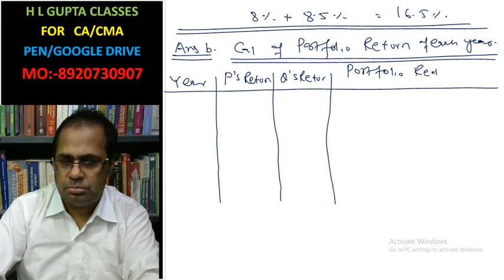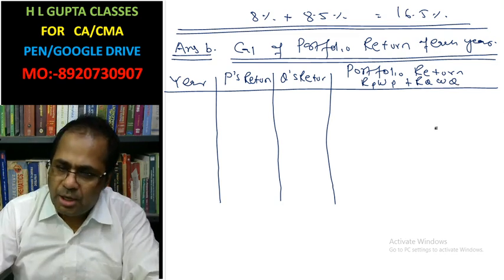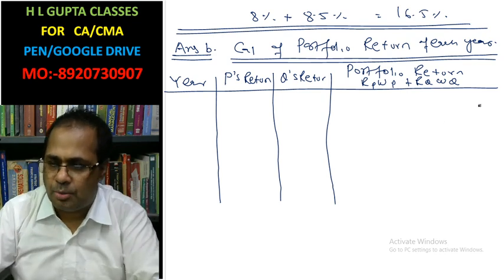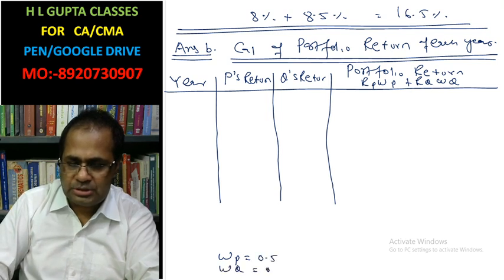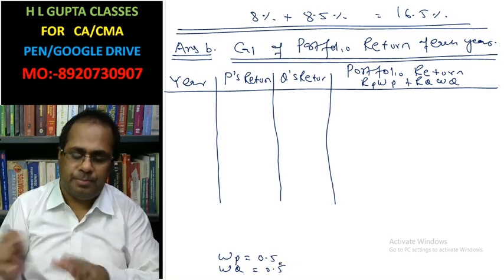Portfolio return is return of P times weight of P plus return of Q times weight of Q. In the given question, the weight of P is 0.5 and the weight of Q is 0.5.